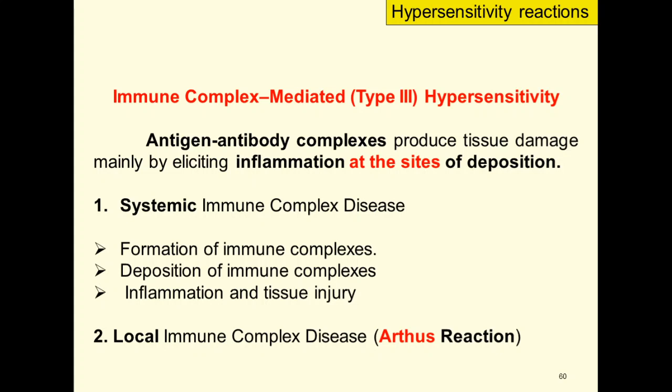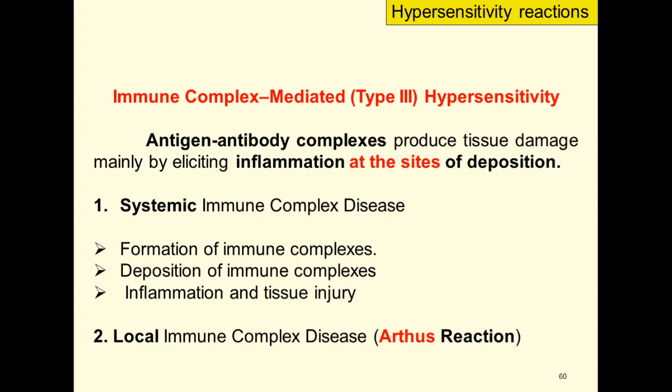And in the third type of hypersensitivity, antigens and antibodies both flow in the blood, so they combine, they bind and flow within the lumen of the vessels.